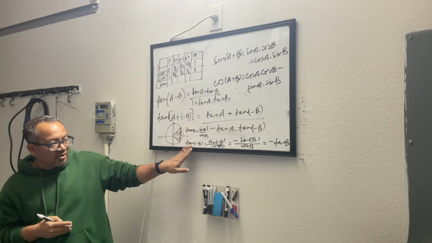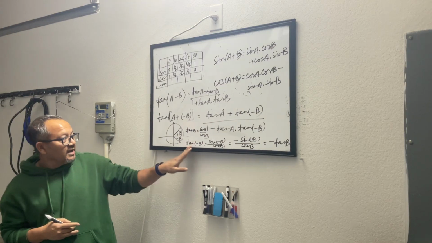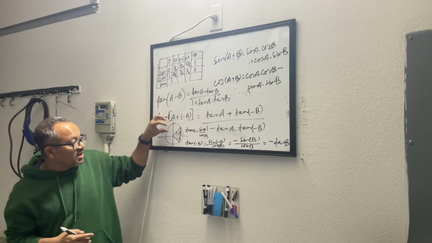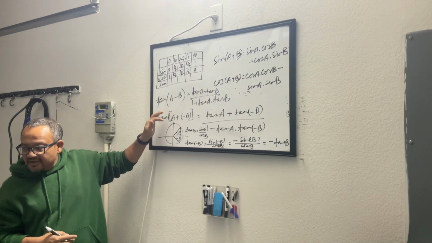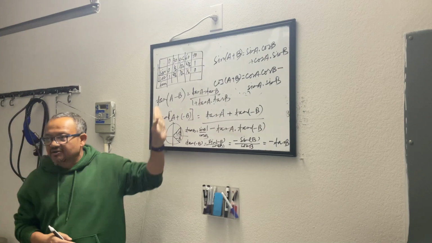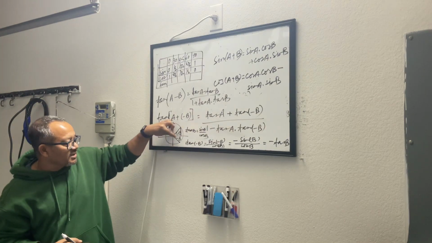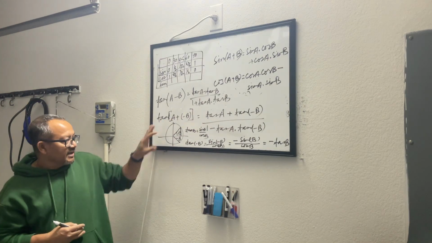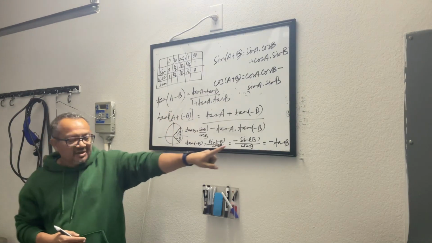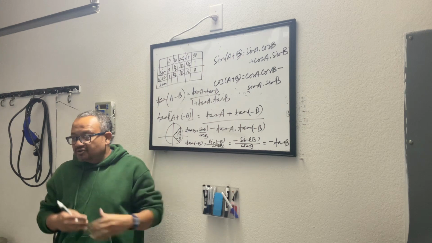Another thing that we found out by doing this was that, okay, we have seen by relating this with a unit circle, sine of B and sine of minus B are opposite in sign. So sine of B is equal to minus sine of minus B. Cos of B and cos of minus B are the same. Tan of B and tan of minus B are the same but with a negative sign. So these things you can relate.